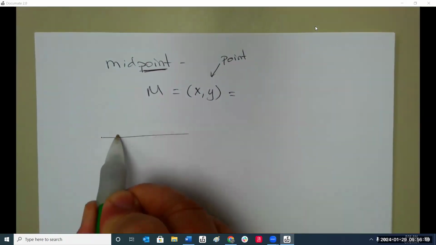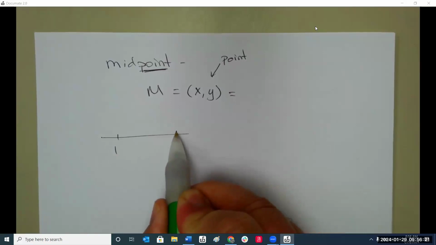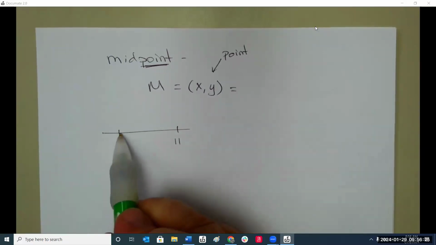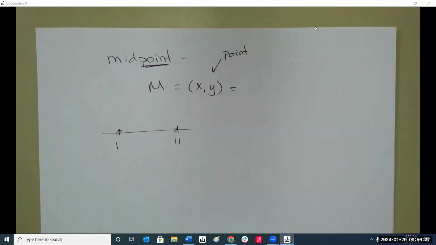let's pretend we have a number line. I gave you 2 points, 1 and 11. What number is midpoint between 1 and 11? That's what 5.5 is.